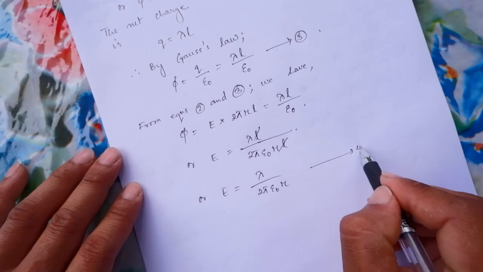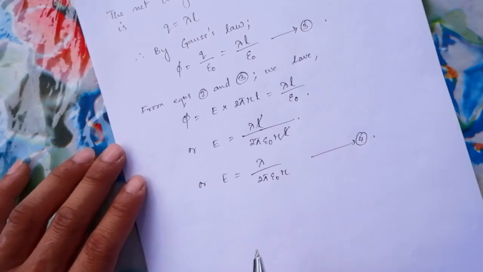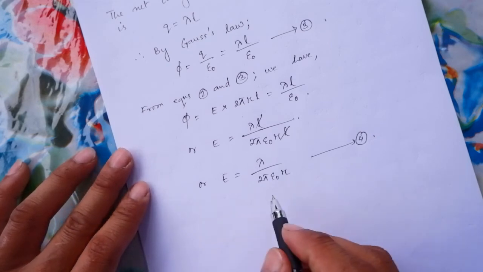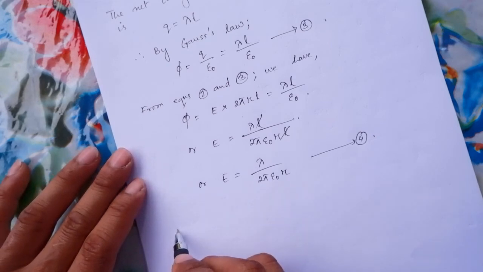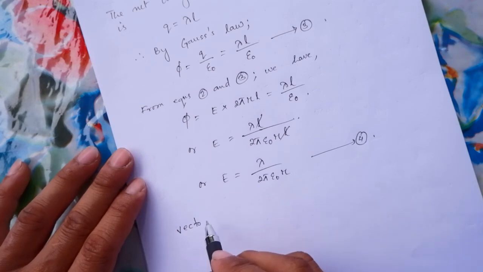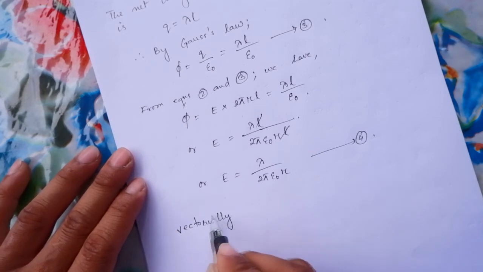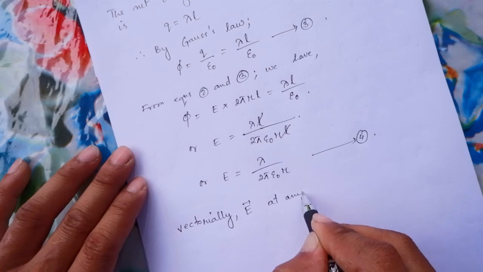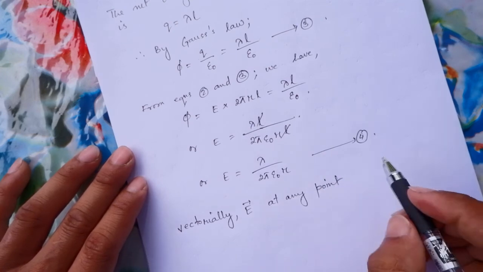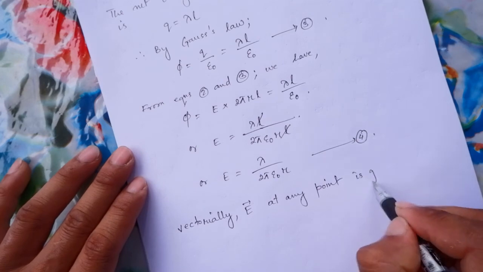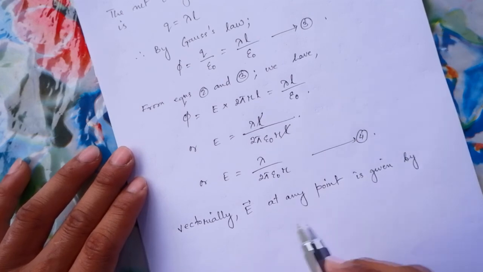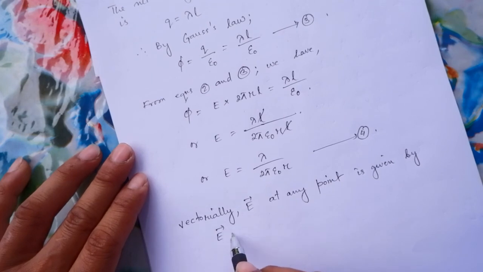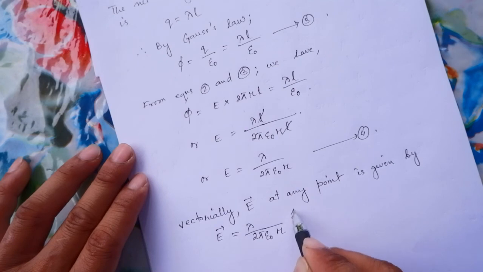Name this as equation number 4, and this is the required equation. Now we can write it in vector form: E at any point is given by E equal to lambda by 2 pi epsilon naught r times a unit vector n cap.